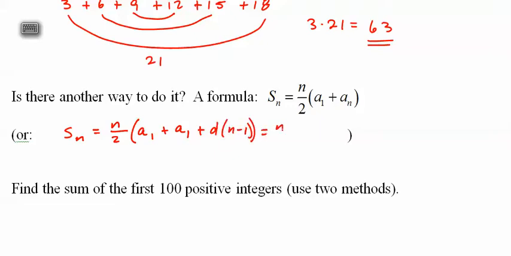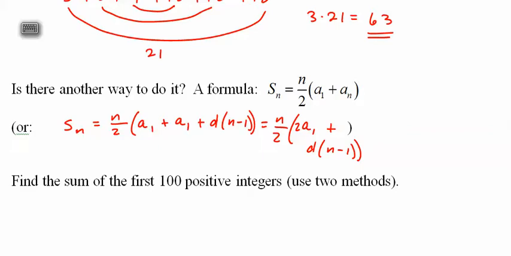So we could write this as N over 2 times 2A1 plus D times N minus 1. Not really a big deal, just something else to think about.